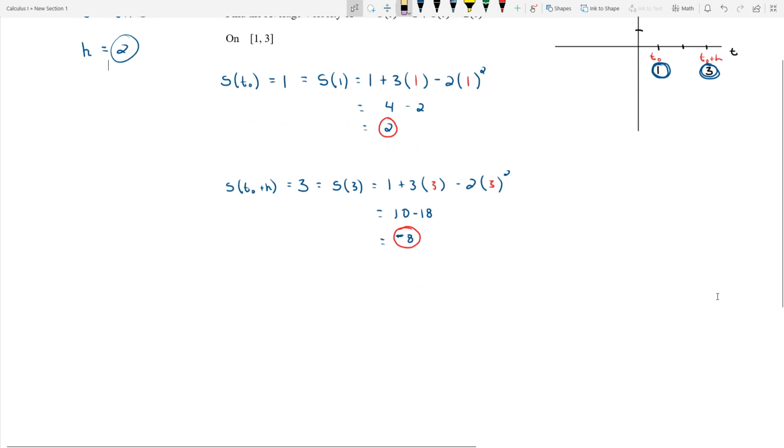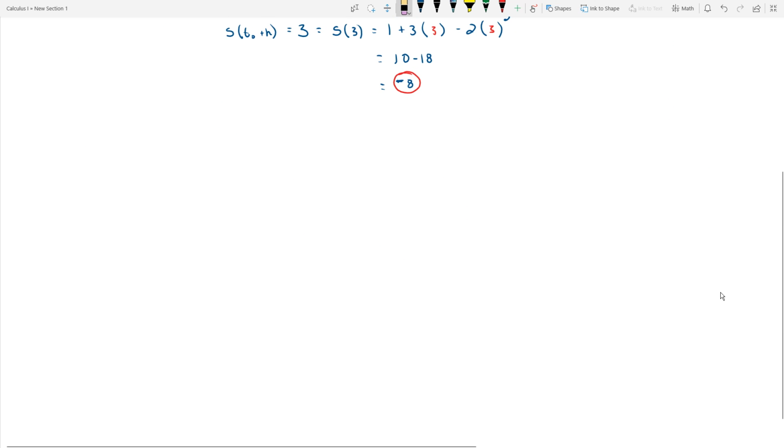So we can bring this down a little bit, and we said that our first value for s at t sub 0, when t sub 0 equals 1, we ended up with 2. We said that s at t sub 0 plus h is equal to 3, and when we plugged that in, we ended up with -8.